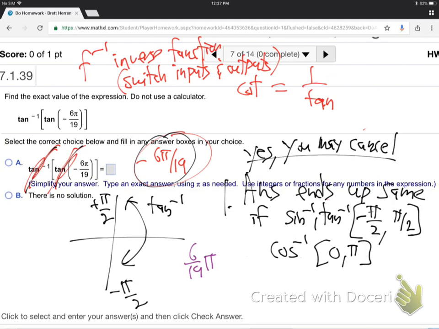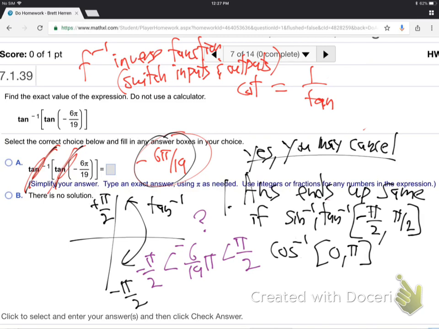What would half be? Right, but what's another way? A comparative way. I'm asking, is negative 6/19 between those? Yes, because pi over 2 would be, what's half of 19?